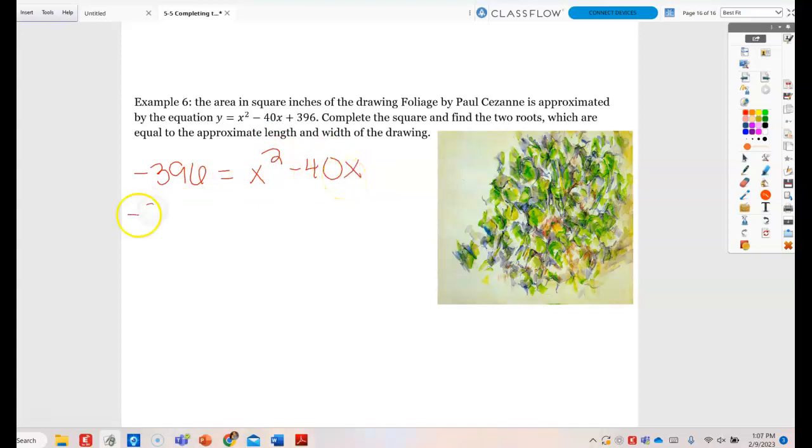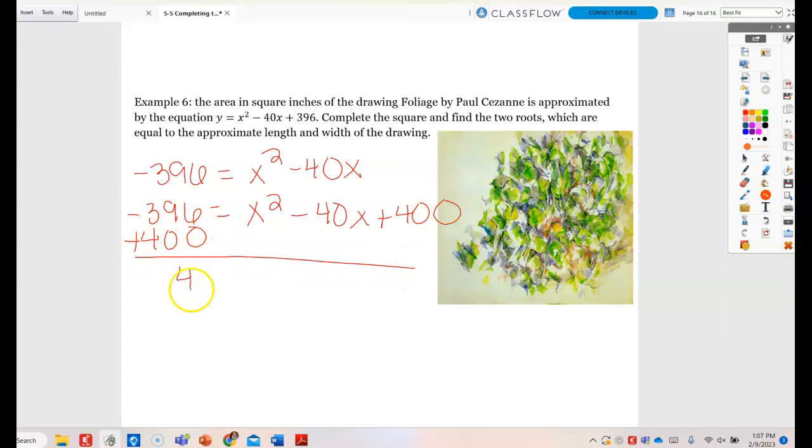So then you would complete your square. So 40 divided by 2 is 20. 20 squared is 400. So you have x squared minus 40x plus 400 on the right. Means I have to add 400 on the left. So I get 4 equals (x minus 20) squared.